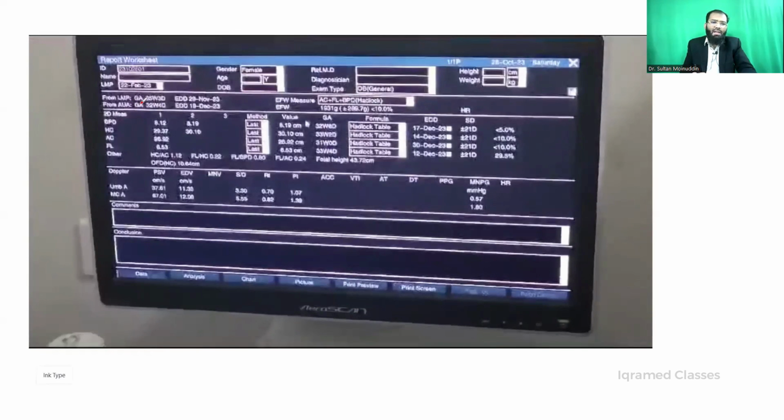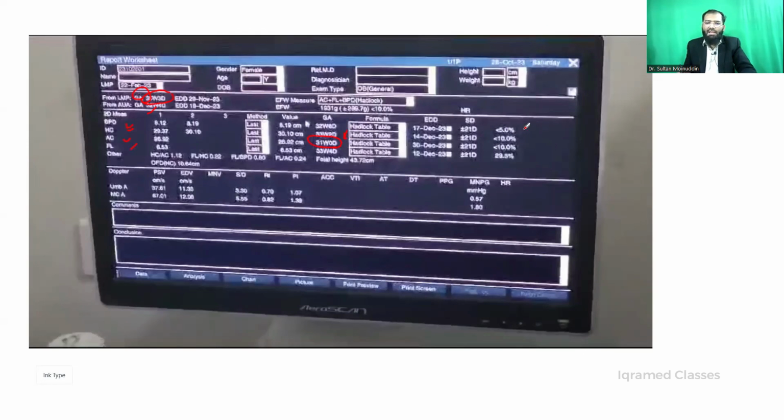By gestational age, she was coming out to 35 weeks 3 days. But by ultrasound, she has come to just 32 weeks 4 days. If you compare BPD, HC, AC, FL, you see that the AC is the lowest one, because this is the parameter which gets affected earliest and maximum.